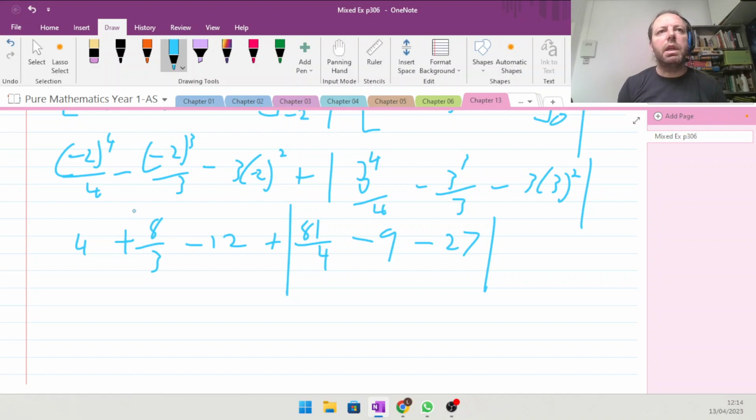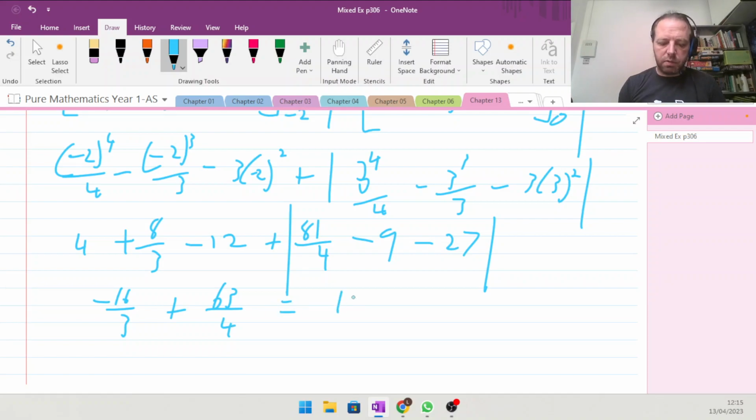I feel like there's a mistake somewhere in that. We'll check that. Okay, minus 16 over 3 plus, and this one is 81 over 4 minus 9 minus 27, which is minus 63 over 4, so we are adding that to 16 over 3.